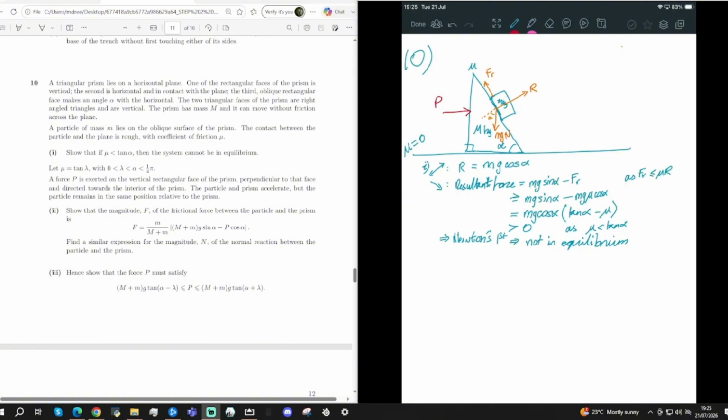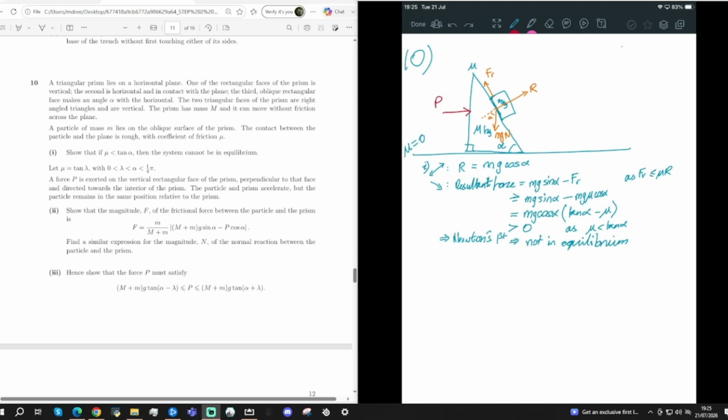The particle and the prism accelerate, but the particle remains in the same position relative to the prism. Interesting. So this particle is going to look like it's stationary. Now it's not stationary because the whole system is moving this way, but it's going to look stationary relative to the plane.